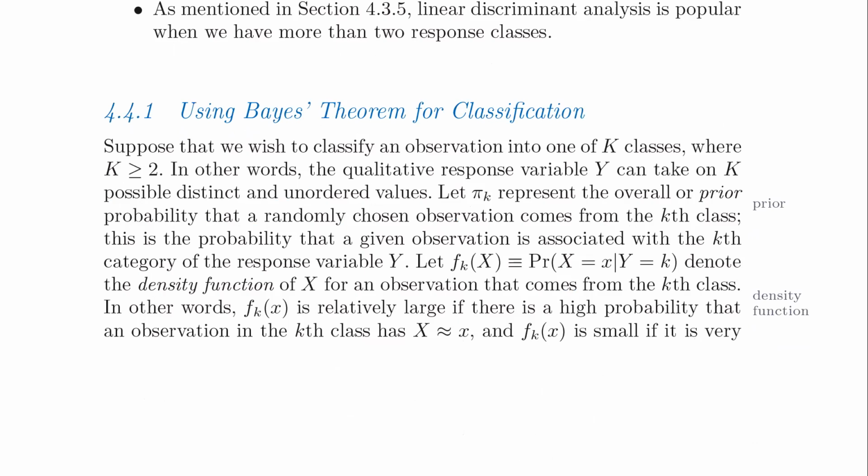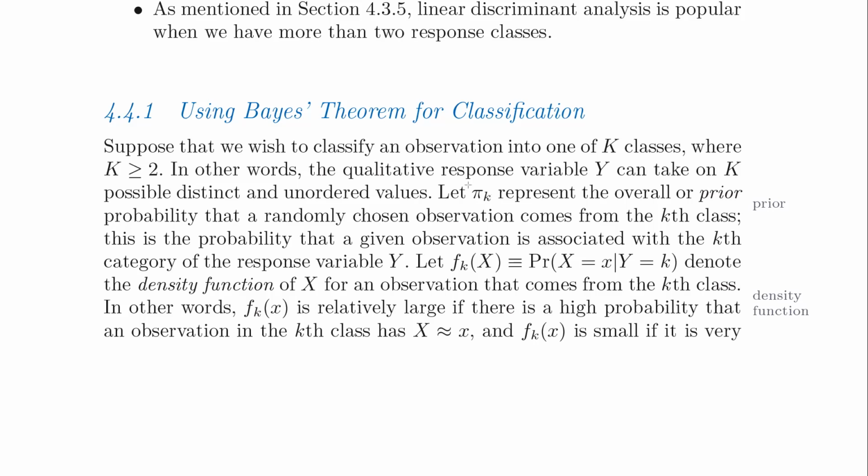Suppose that we wish to classify an observation into one of k classes, where k is greater than or equal to 2. In other words, the qualitative response variable y can take on k possible, distinct, and unordered values. Let pi k, and as soon as the mathematics start, this is where we slow down, right?